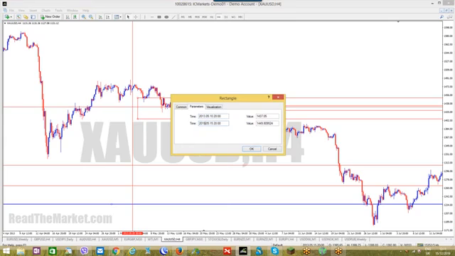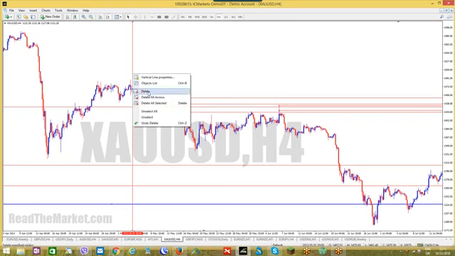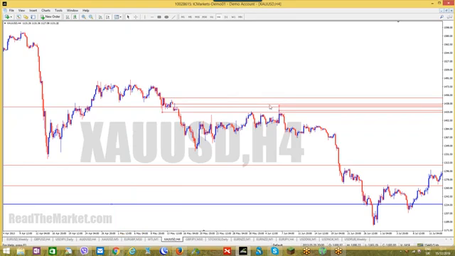And let's tighten that back up again. Righty. Okay, so that's those zones sorted out.